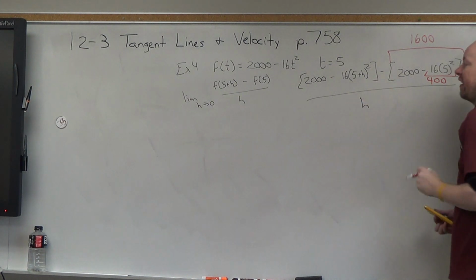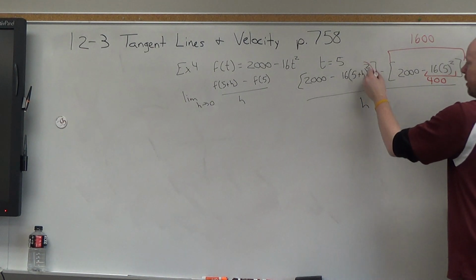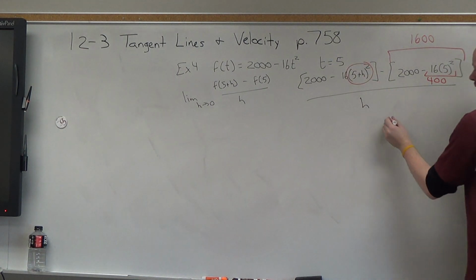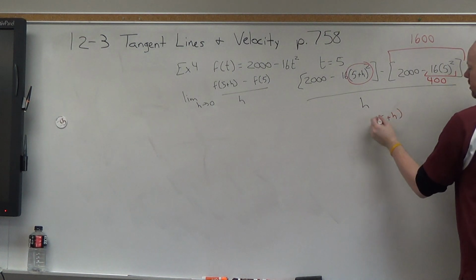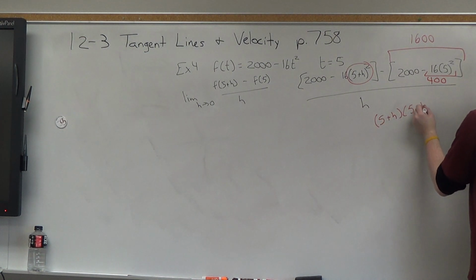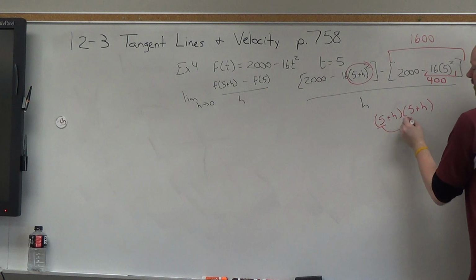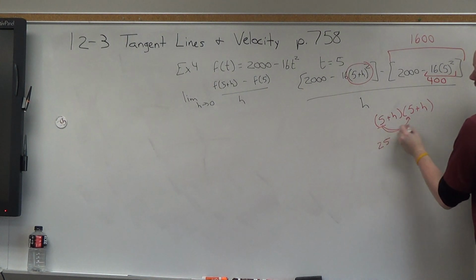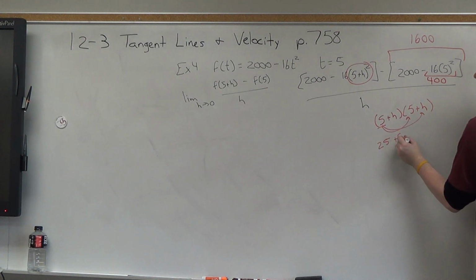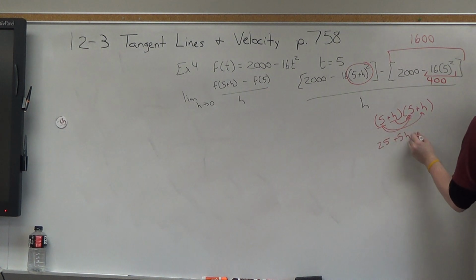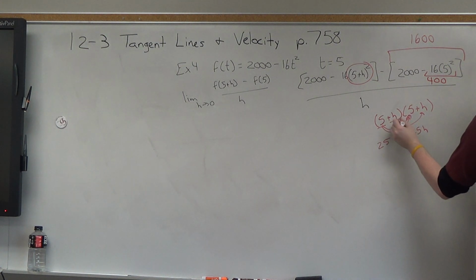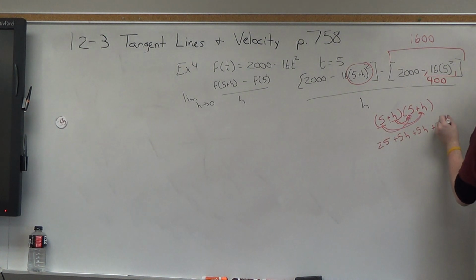I'm going to need to do this 5 plus h squared part because of order of operations. So 5 plus h times 5 plus h: 5 times 5, 25, 5 times h, 5h, h times 5, 5h, h times h, h squared.